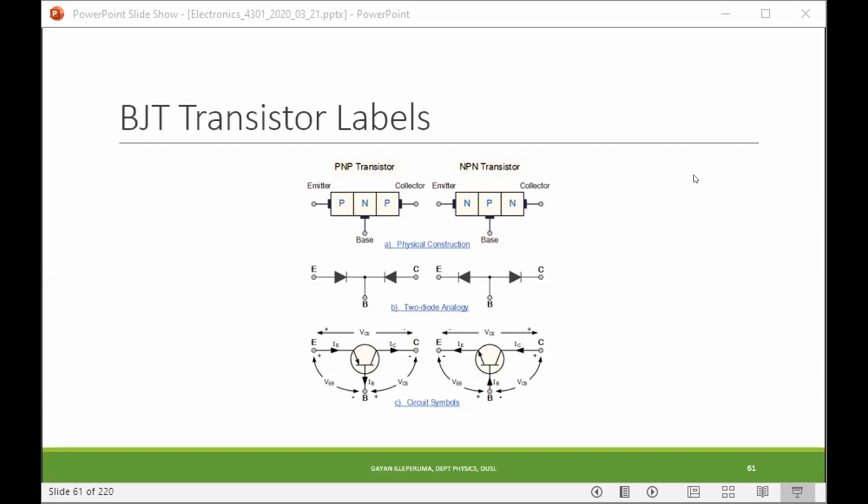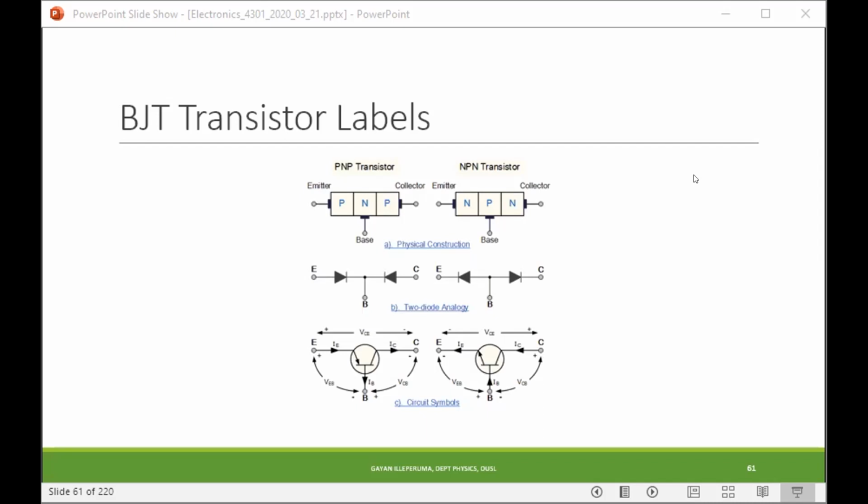When you say VB, the base voltage, you are measuring it with respect to the ground. Ground might be somewhere else in the circuit, but you are measuring the voltage with reference to the ground point. So when you say VC, you are measuring the collector voltage with reference to the ground. VE means measuring the emitter voltage with reference to the ground.